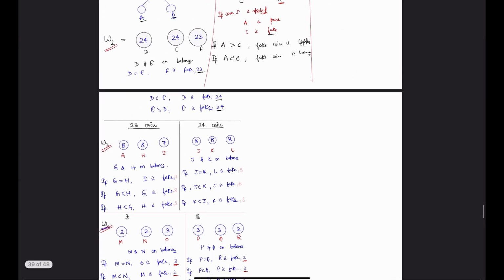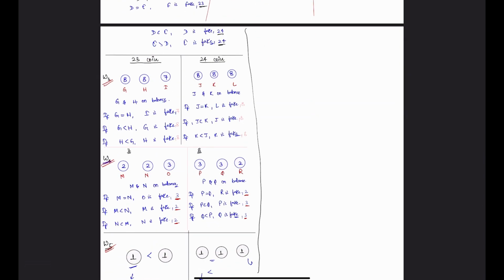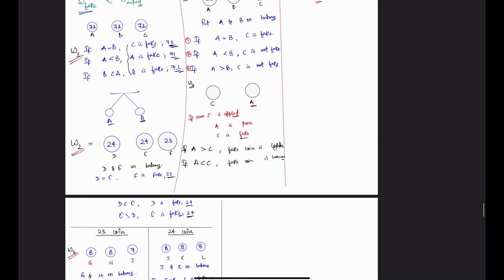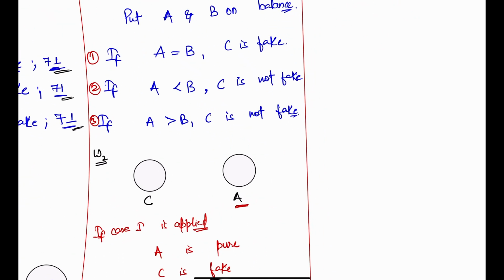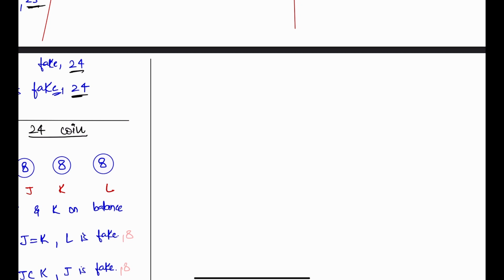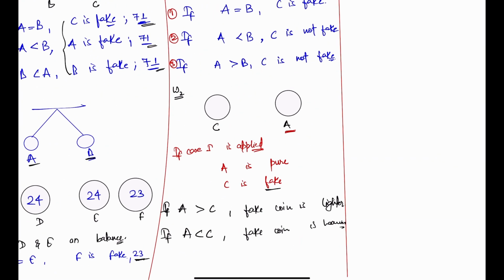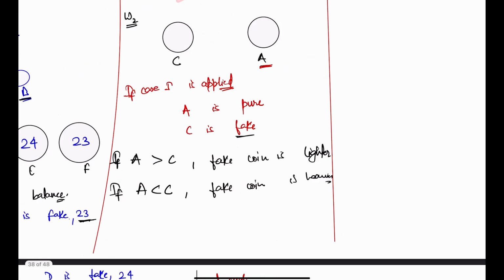So in case 2, because there are other cases also, right? In the first case, this is a possibility. In the second or third case, when C is not fake, which means C is real, whatever is the case, second or third, we know that either A or B is fake, we are not sure.